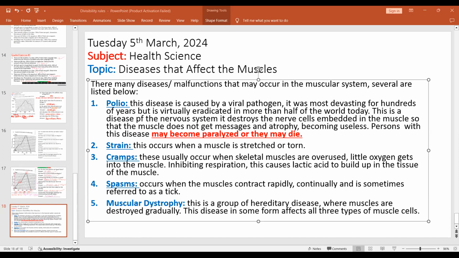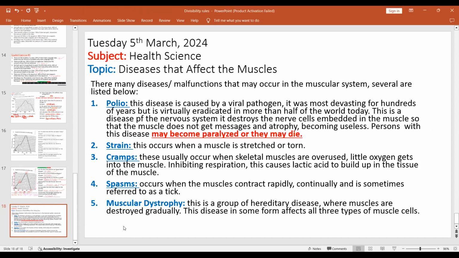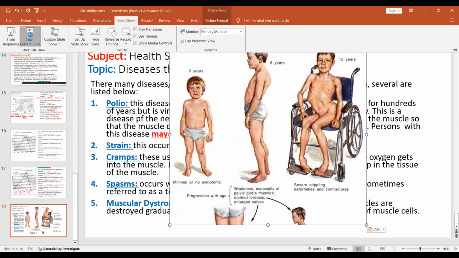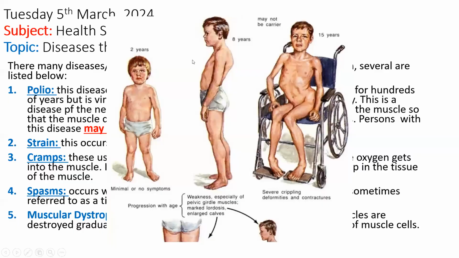It's kind of like polio, in the sense that the effects look the same. So for example, this person has it, and at 2 years they look normal, but then at 8 years they begin to get this hunch in their back, and then by the time they're 15, you have severe crippling and deformities, right? So remember, the muscles are destroying themselves.